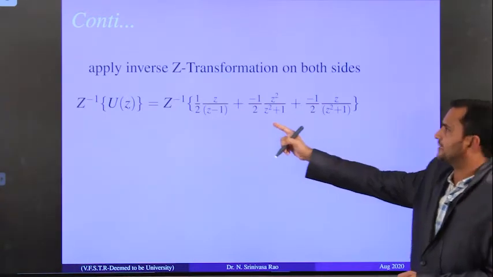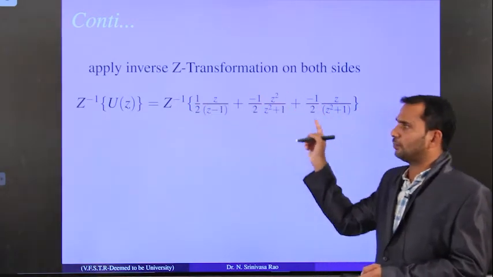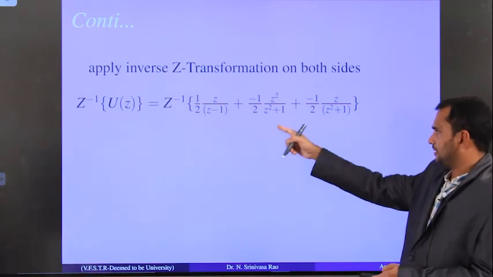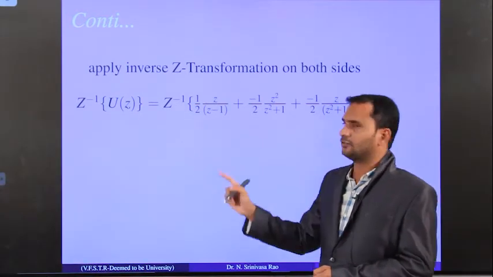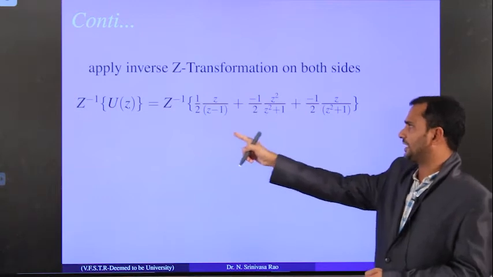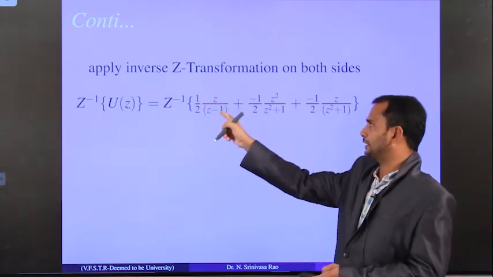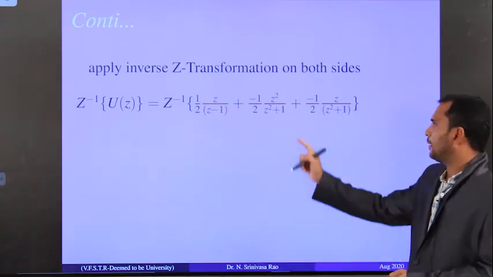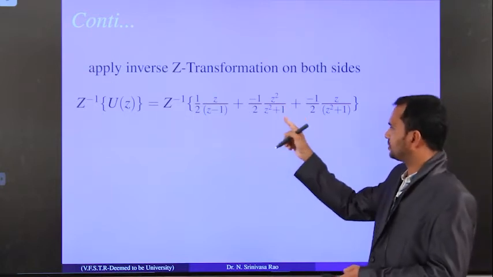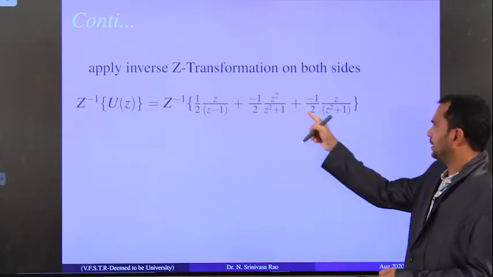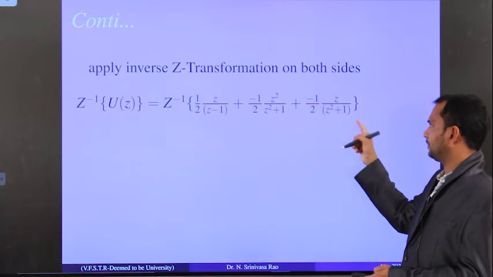So Z inverse of u of z equals Z inverse of 1 by 2 into z by z minus 1 plus minus 1 by 2 into z square by z square plus 1 plus minus 1 by 2 into z by z square plus 1.